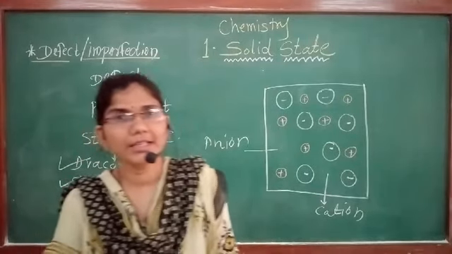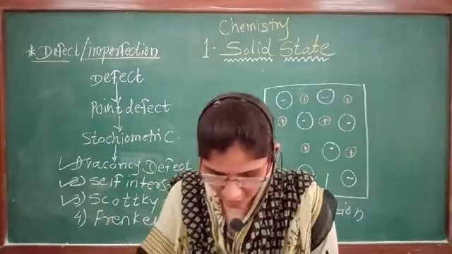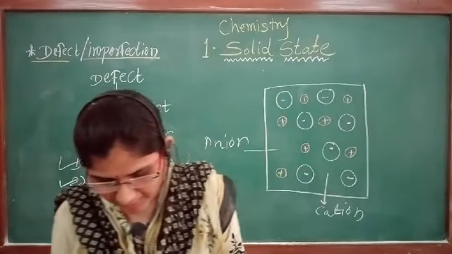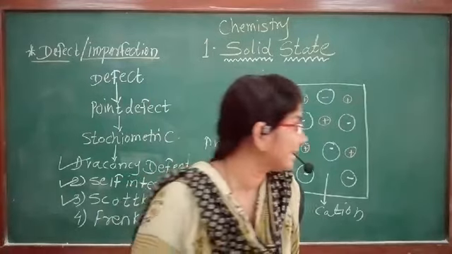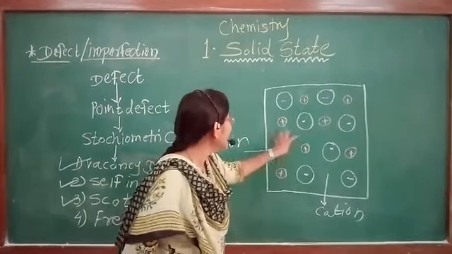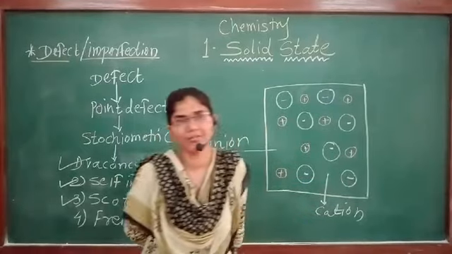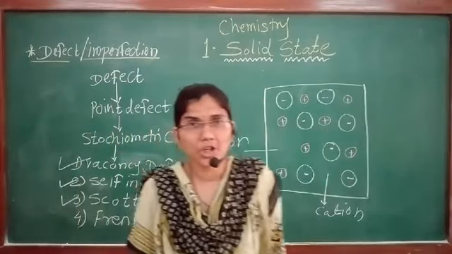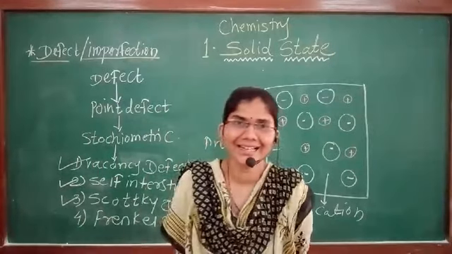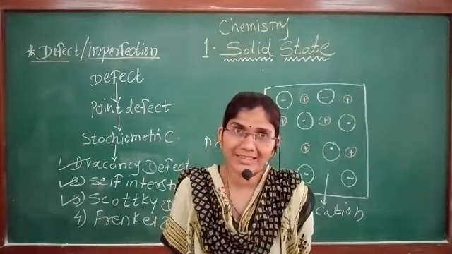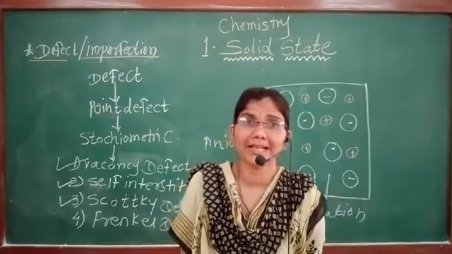Therefore, for each pair of missing ions there are two holes, one created by the missing of the anion and one created by the missing of the cation. Therefore, a Schottky defect means a pair of cation and anion. Pair means for one cation there is the absence of one anion.